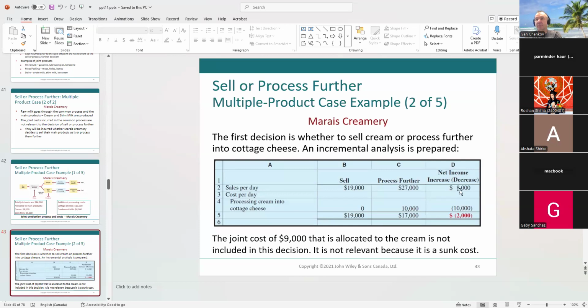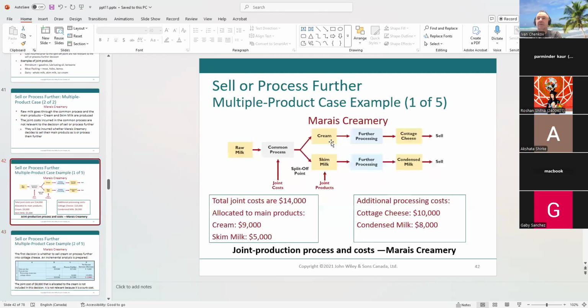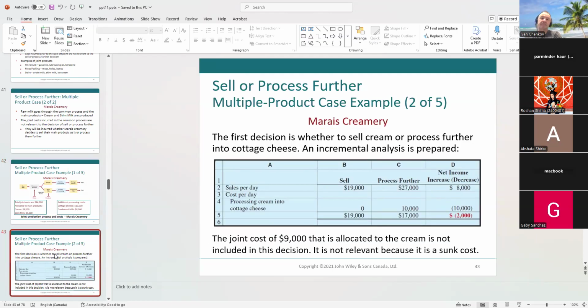So should I sell it as cottage cheese, or should I sell it as it is as cream? What would you say? Sell it as it is. Why? Because if you go with the cottage cheese, you're actually going to lose $2,000. The cost to make it is $10,000, but you're going to get an additional only $8,000. So you're losing $2,000. So sell it as it is.